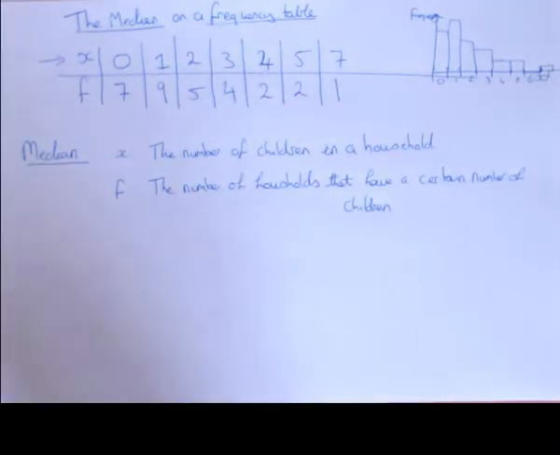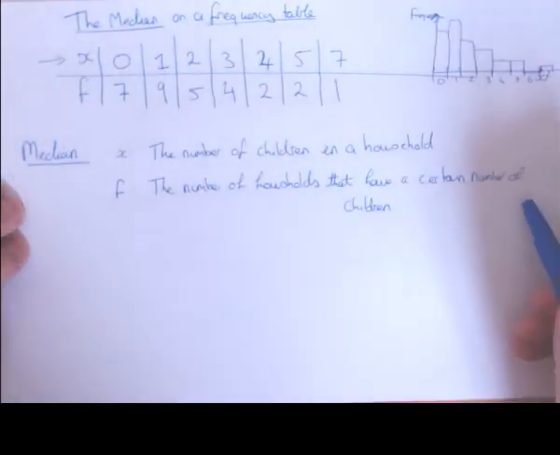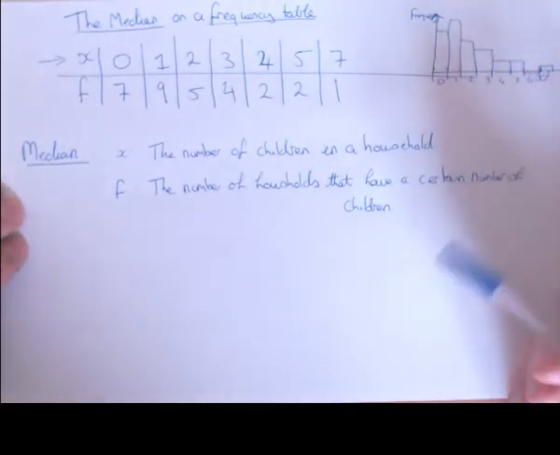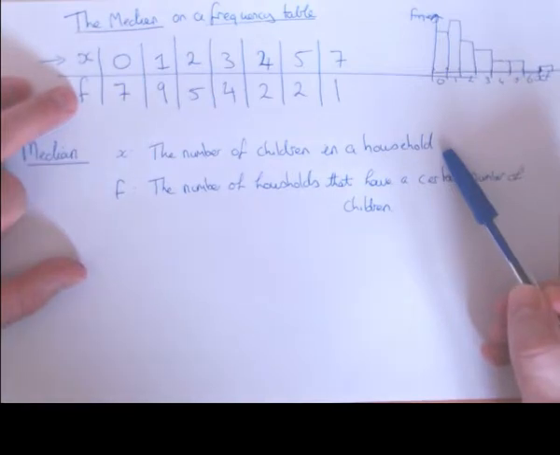Much of the time when we look at a frequency table, we say X is our data and F is the frequency. That's kind of meaningless. We want to say X is the number of children in a household, and F is the frequency for that data.